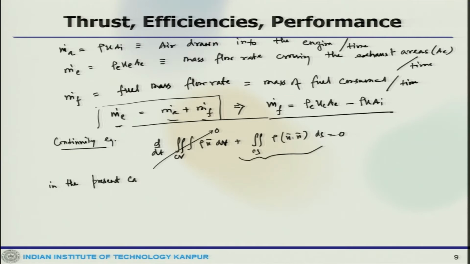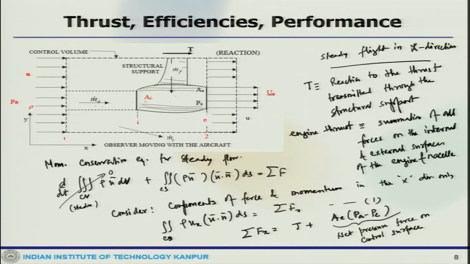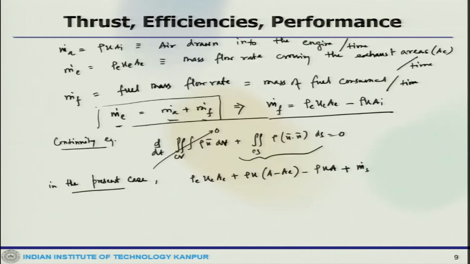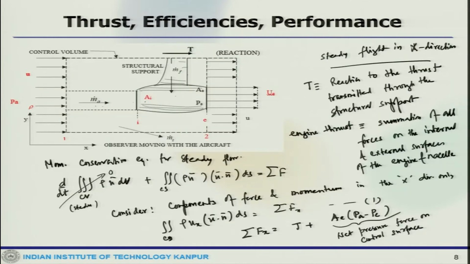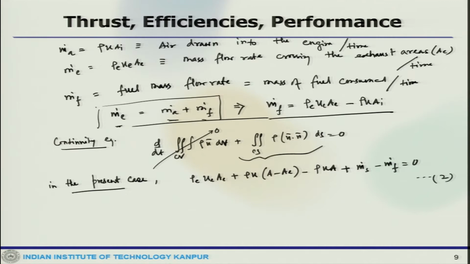In the present case, we write rho E u e A e plus rho u (A minus A e) minus rho u A plus m dot s minus m dot f equals 0.